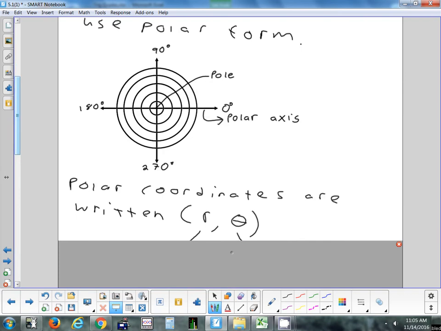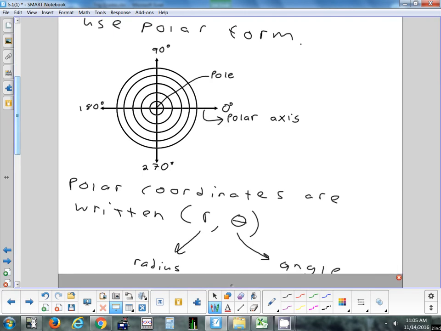Now, keeping in mind that a polar system uses these circles, anybody have a guess what r might stand for relating to circles? Yeah? Radius. R is your radius. And theta represents an angle.